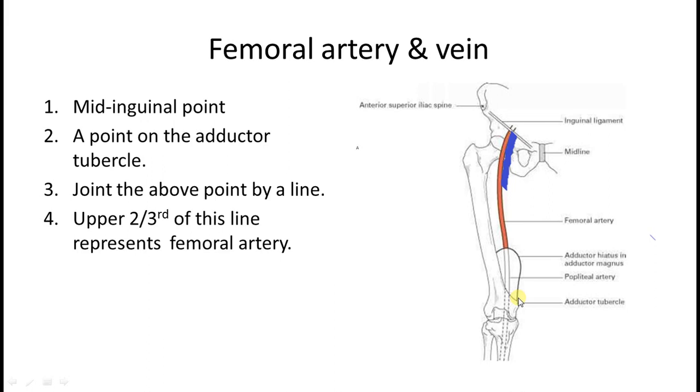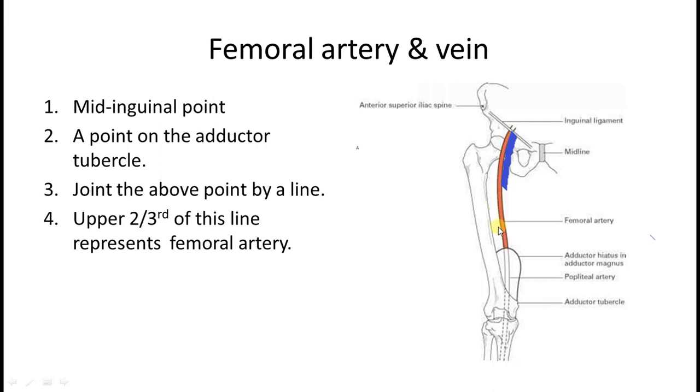Femoral vein is just medial to the mid-inguinal point. You draw a 1 centimeter thick line in the upper part of the femoral artery. Behind this marking you should draw the femoral vein in the lower part, because it passes posteriorly.